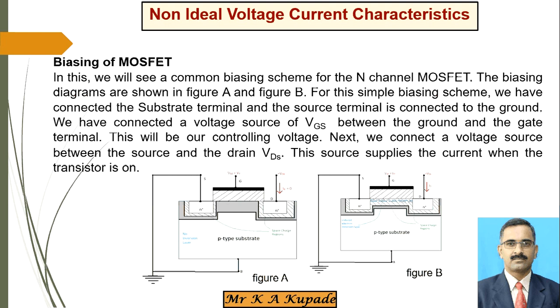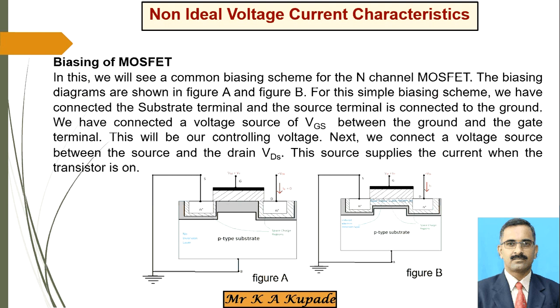Now, suppose VGS is increased from 0 towards the positive and reaches the threshold voltage VT, or becomes more than VT. Then an inversion layer is generated, and the inversion charge develops in the channel.